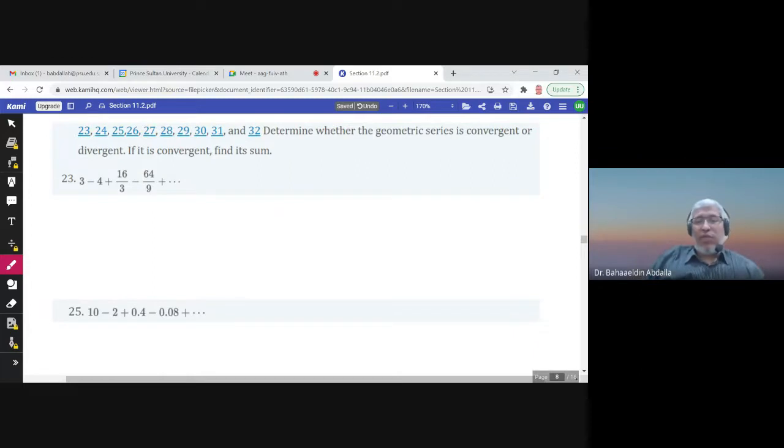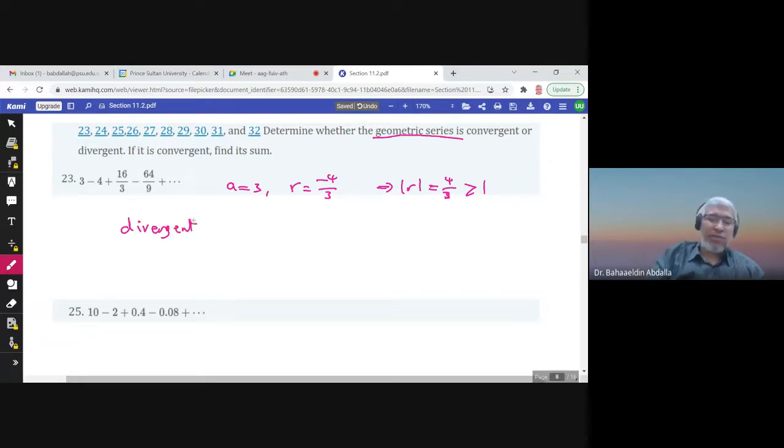Determine whether the geometric series is convergent or divergent. Well, it is a geometric series. So a is 3, r is the second term over the first term. Well, the absolute value of r here is 4 over 3, and it is greater than 1, not less than 1. So this is a divergent geometric series.